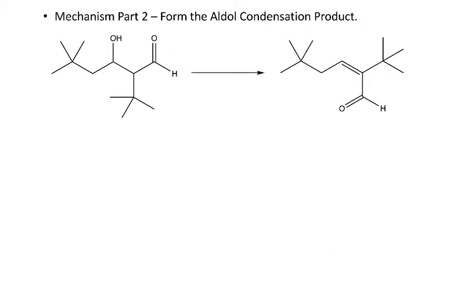Okay, so the last part, eliminating the water to give us the condensation product. I need to show the alpha hydrogen here. So my base pulls off that alpha hydrogen, leaving us with the lone pair on that carbon.